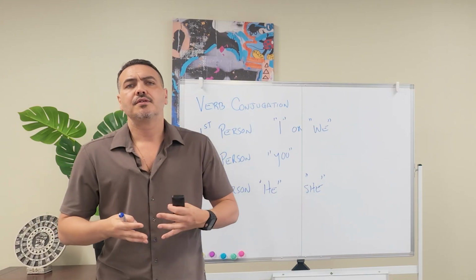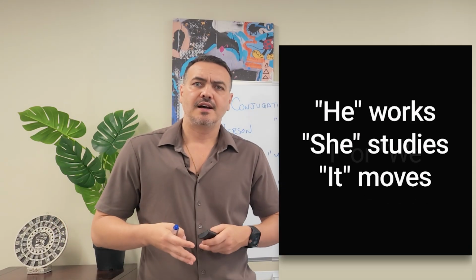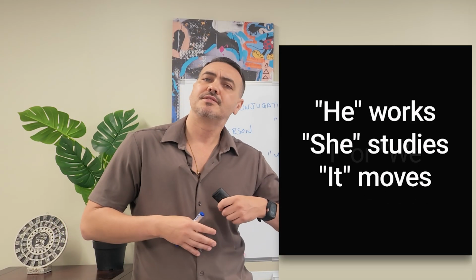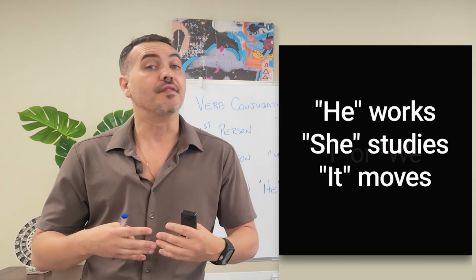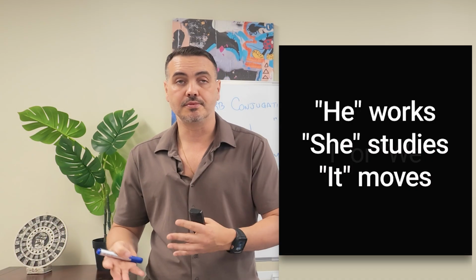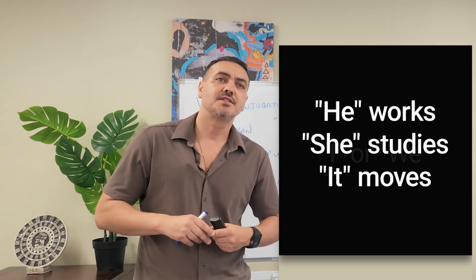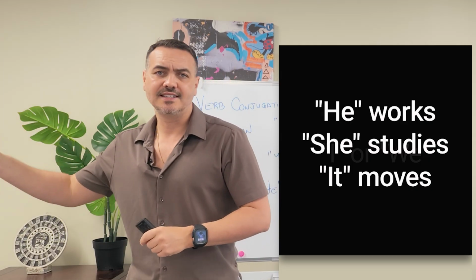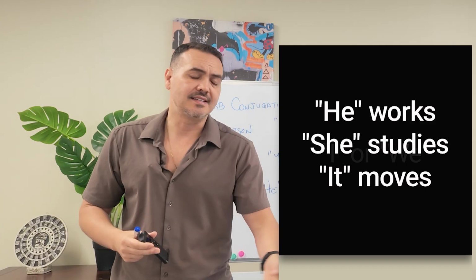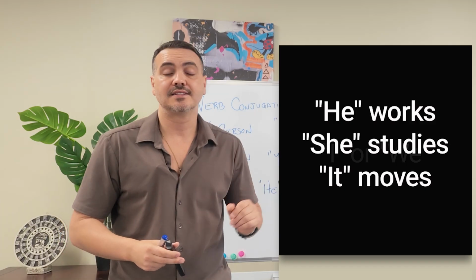When we get to third person, this is when we talk about a person or an animal or a thing or a group. This is when we use words like he did this or she did that or it looks like this or they are going over here, okay?